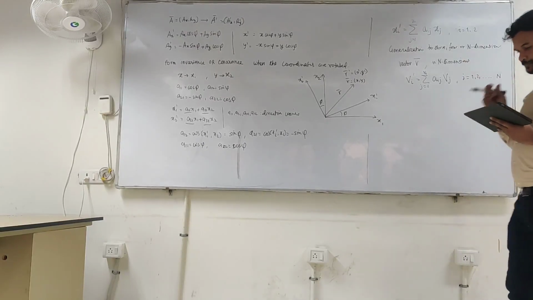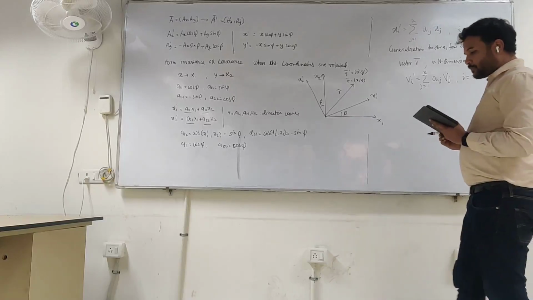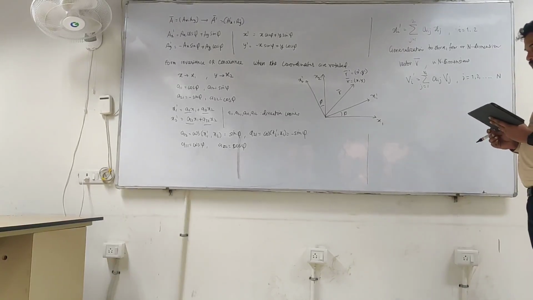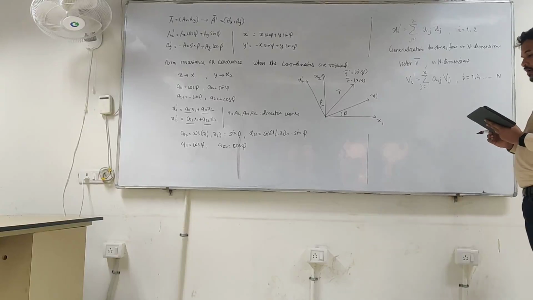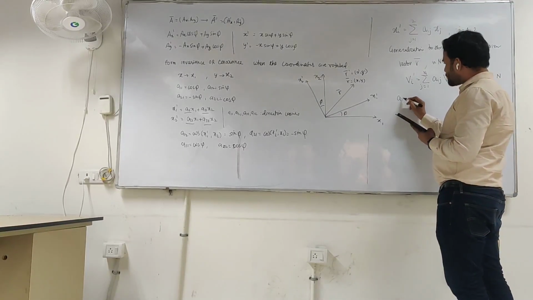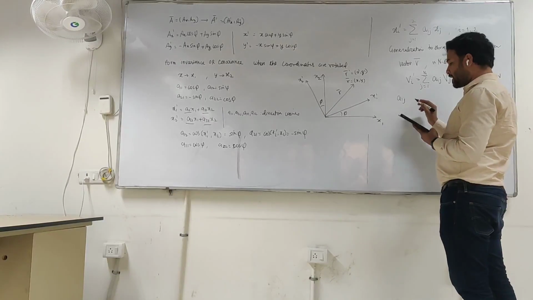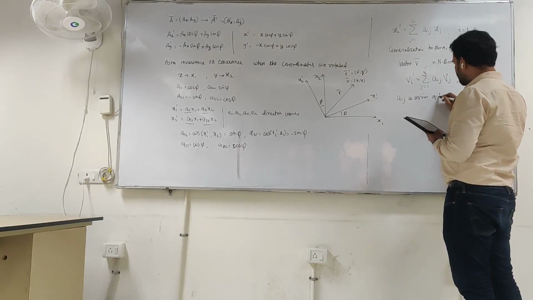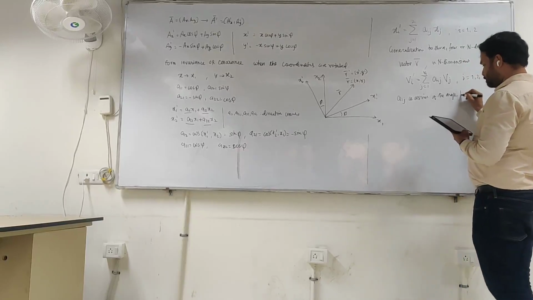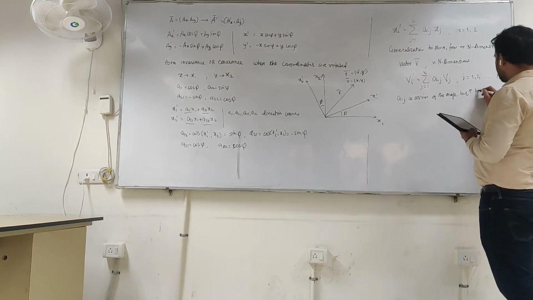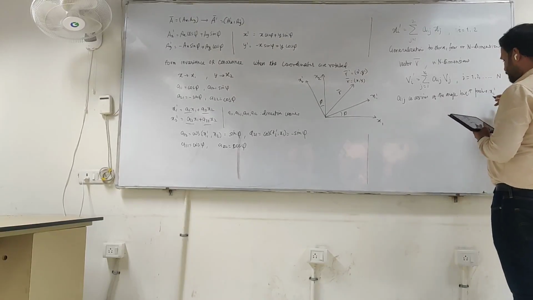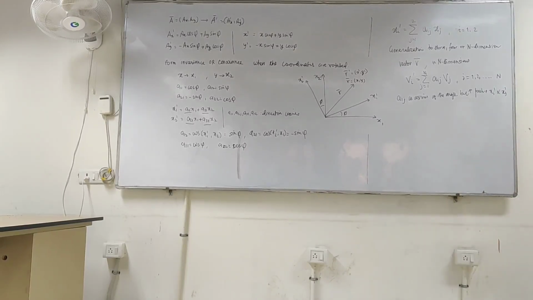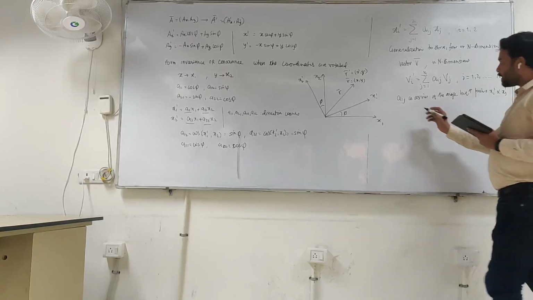As we know, Aij is defined as the cosine of the angle between positive xi prime and xj prime, correct? That is true.